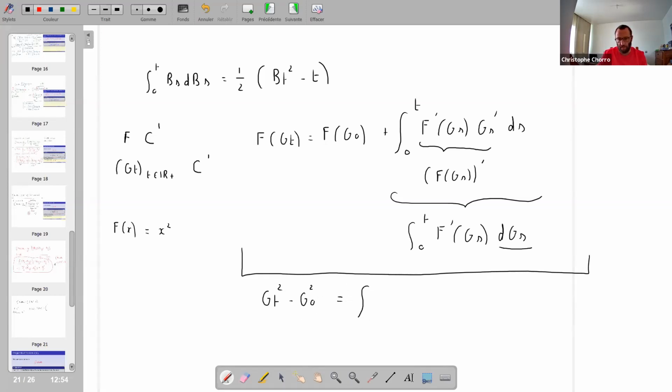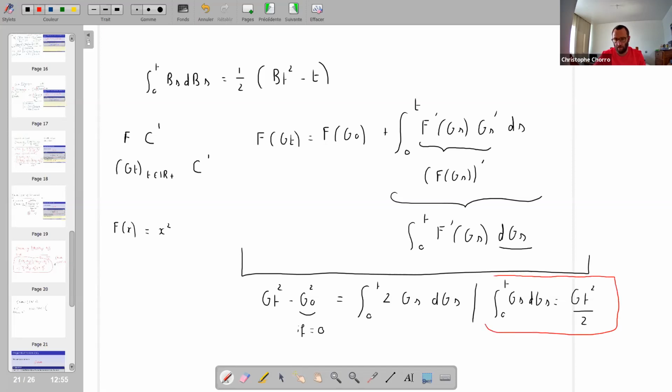That is equal to the integral between 0 and t of 2 G_s dG_s, implying that if I start with a process starting from 0, I have the well-known formula: the integral between 0 and t of G_s dG_s is equal to G_t squared over 2. And you see that the formula you have here is not the same kind of formula as the one we have here. We have an extra term here. That is an extra term.